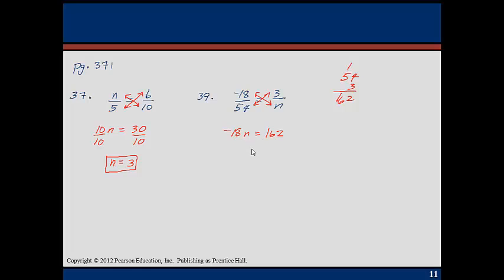Now we're going to divide both sides by negative 18. Remember, divide by whatever number is in front of n, and it is negative 18. So 162 divided by negative 18 should give us negative 9. So n equals negative 9.